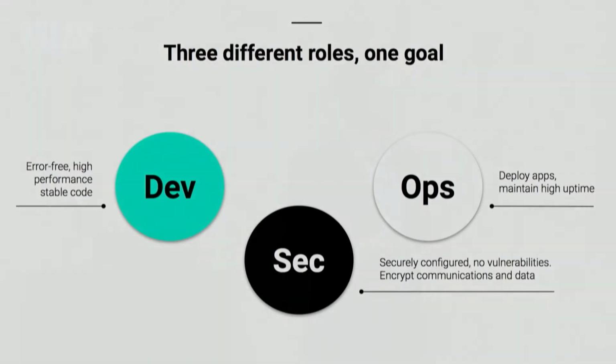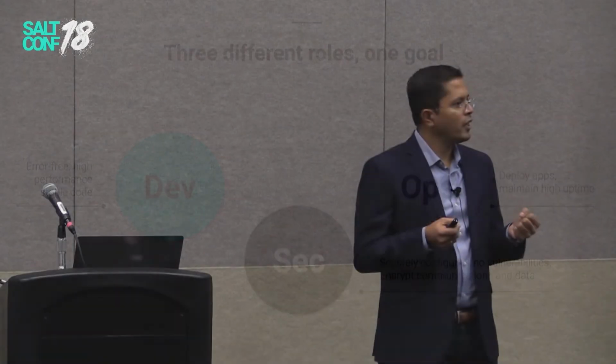So if you look at it, dev, ops, and security are three completely different roles. If you're a developer, you're thinking about writing stable code, error-free code, performant code, and reusable code, and so on and so forth. So that's your mission. That's what you're going after.